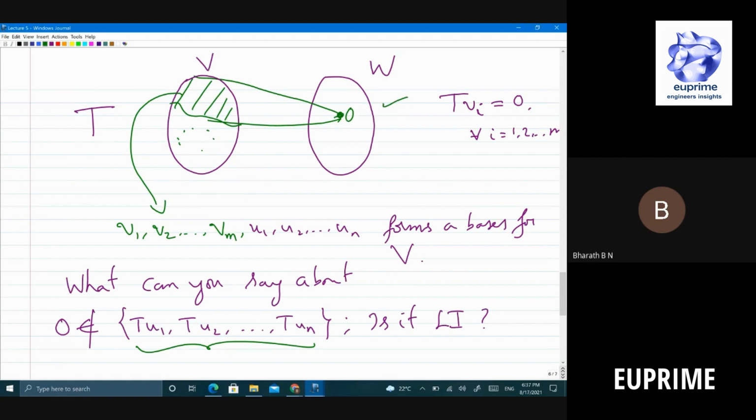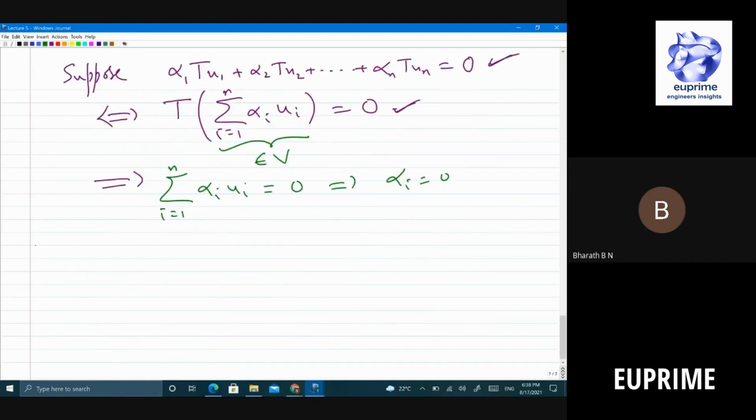Now, suppose I take a vector V in V such that TV is not 0. Then I should be able to write this as a linear combination, right? Do you agree? Okay, so the second claim is, don't worry about this, I'll just write this.